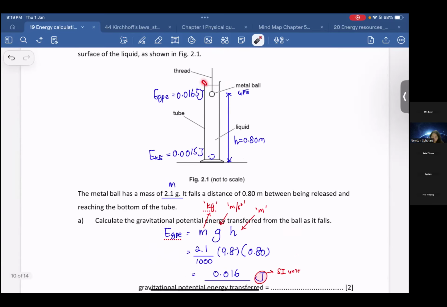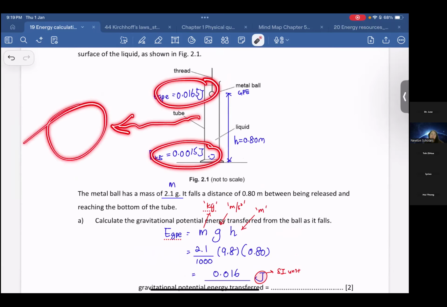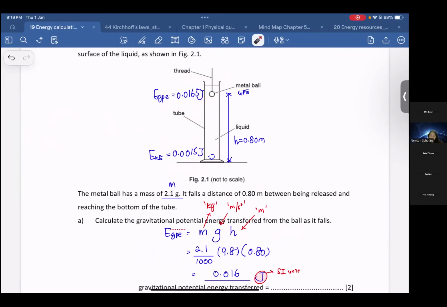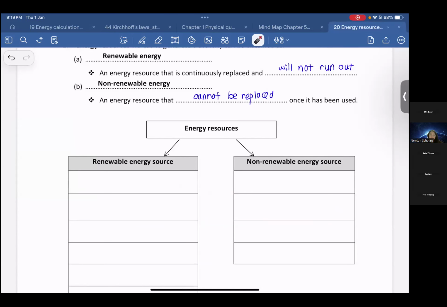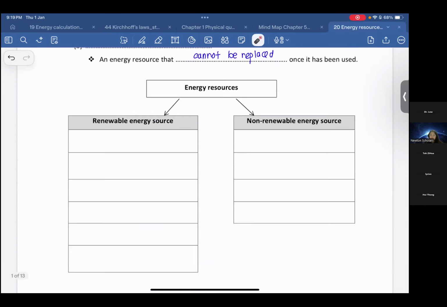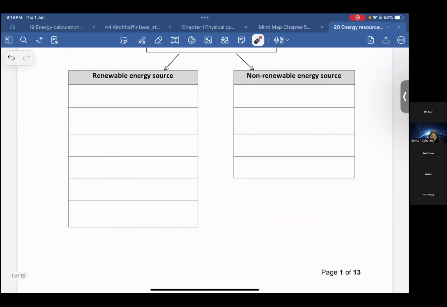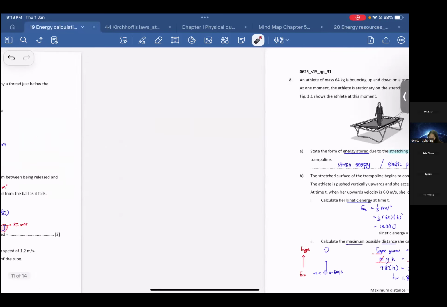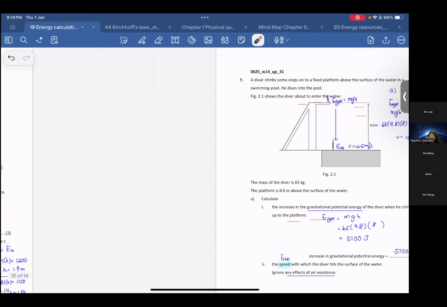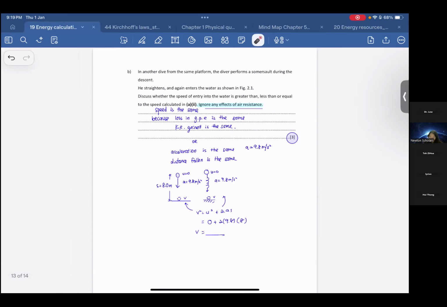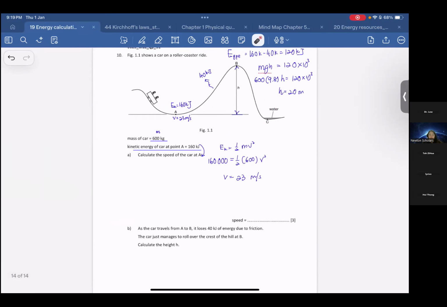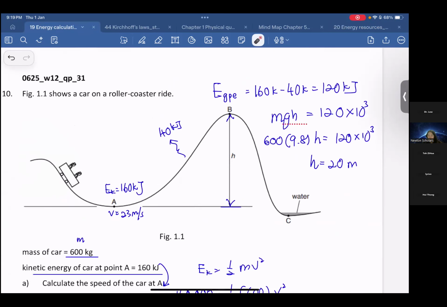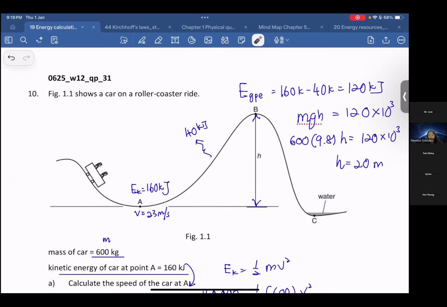I know that the rest is actually lost to the surrounding. Okay? So if no question, we go to lesson 20. Is it okay? The answer is 20 meter, this one. Okay, give me a reaction. Then we continue with lesson number 20. We still have 10 minutes, so we can still continue.